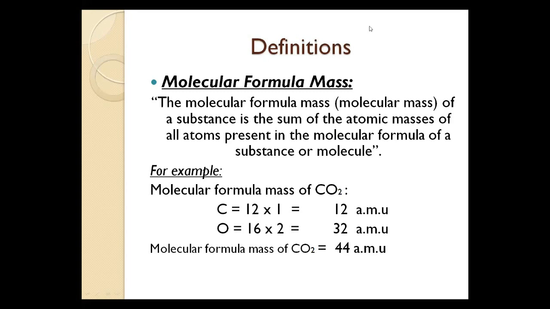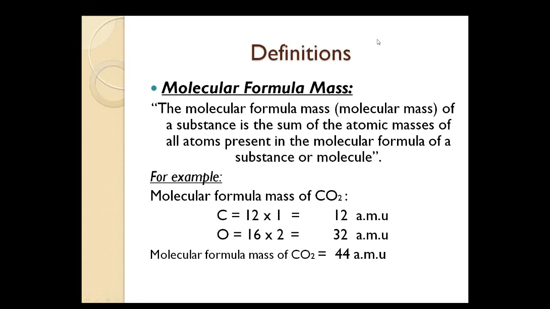For example, carbon dioxide. Carbon has atomic mass 12 and there is one carbon atom, so 12 AMU. Oxygen has atomic mass 16 and there are two oxygen atoms, so we multiply by 2 and get 32. When we sum up, we get 44 AMU.